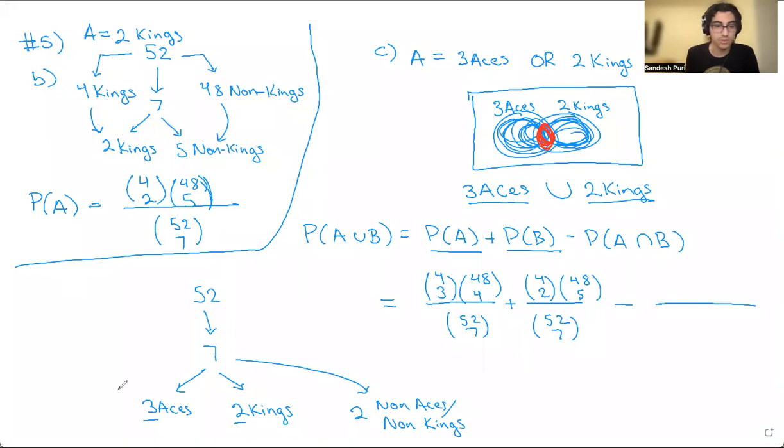So where are these cards coming from? Well, once again, our 3 aces are coming from the 4 aces in the deck. Our 2 kings are coming from the 4 kings in the deck.